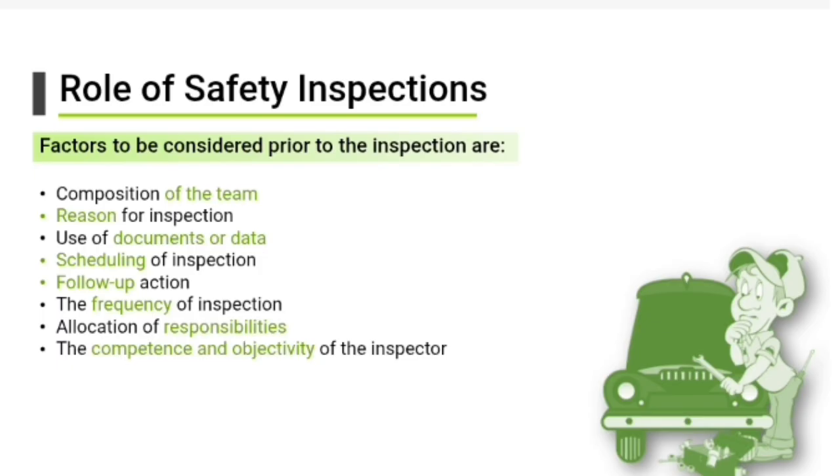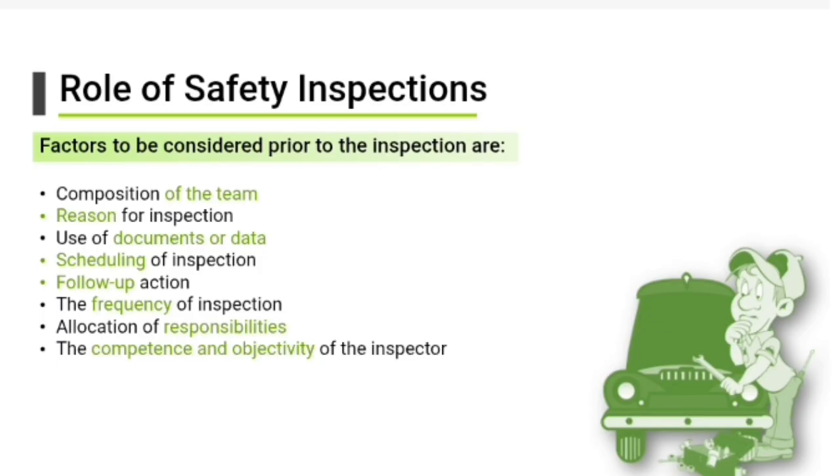Determining follow-up actions in advance ensures that identified issues are promptly addressed. Deciding on the frequency of inspections is crucial, balancing the need for regular monitoring with operational demands. Allocation of responsibilities defines each team member's role during the inspection, fostering efficiency.